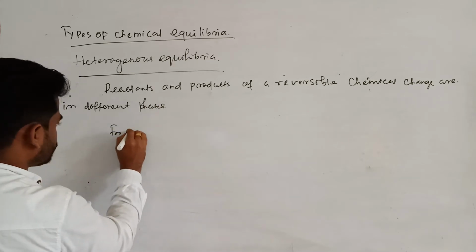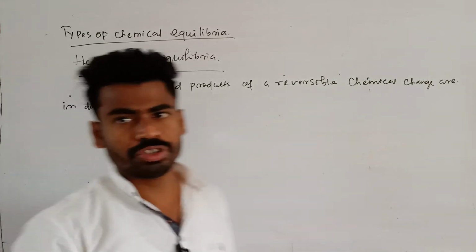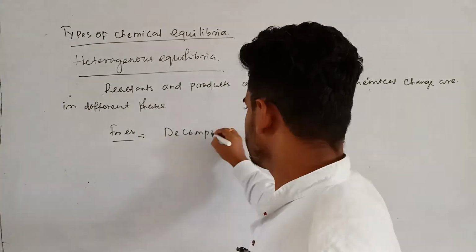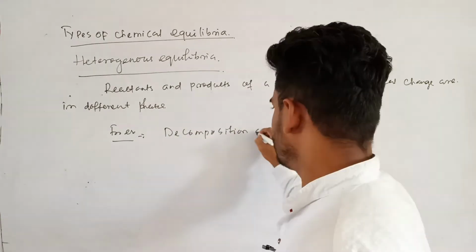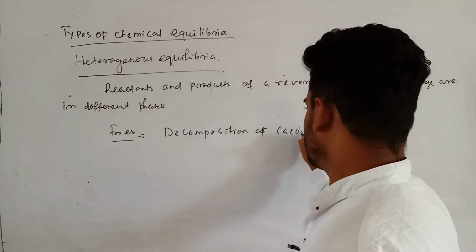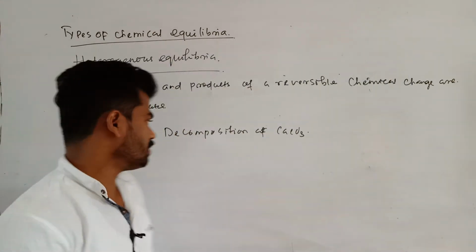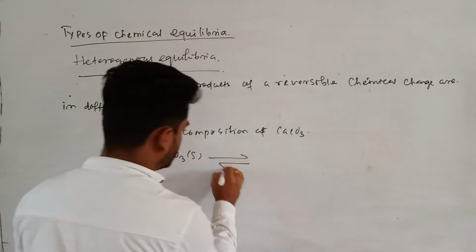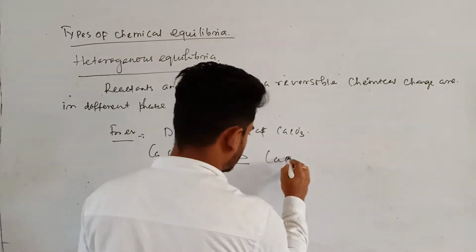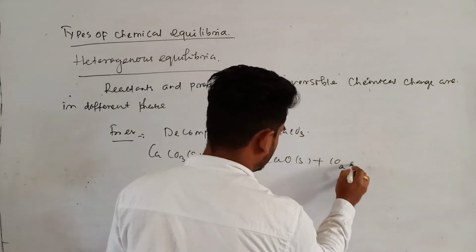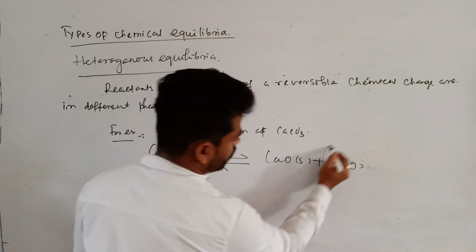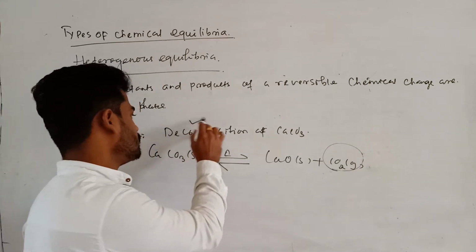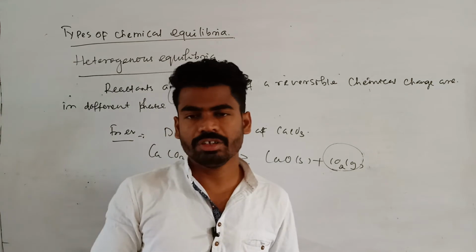For example, decomposition of calcium carbonate, which is a solid, decomposes into calcium oxide plus CO2 gas. Here you see one of the products, that is carbon dioxide, is present in the form of gas. So this is your heterogeneous equilibrium.